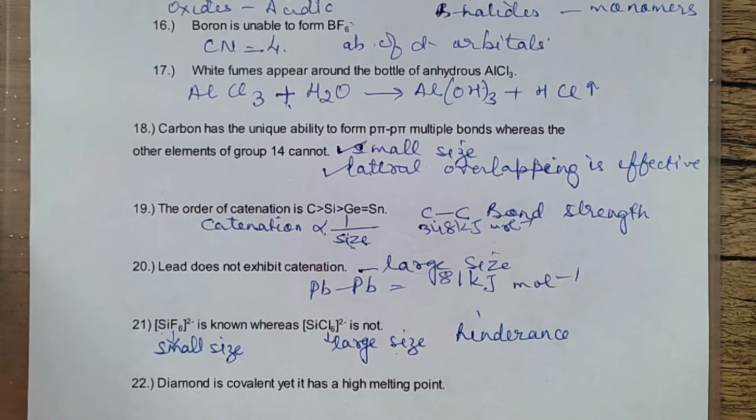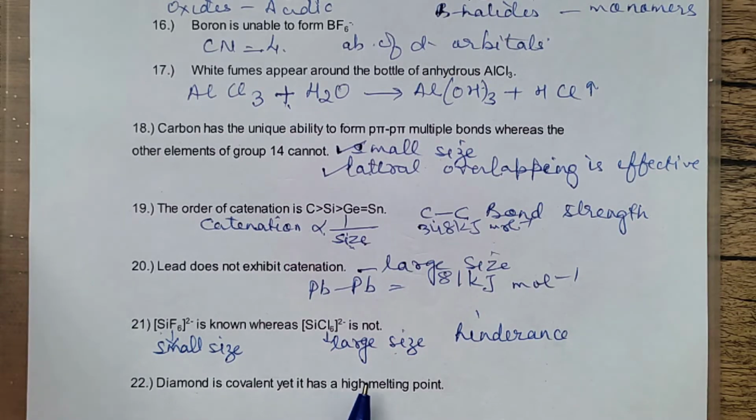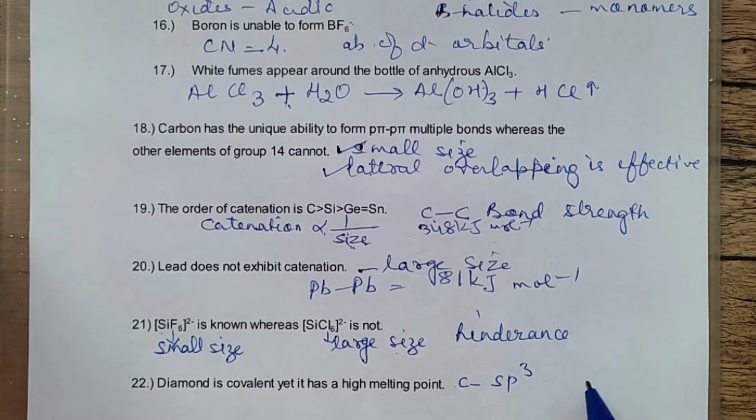Now, the next question says, diamond is covalent yet it is a high melting solid. In this you can talk about hybridization. The carbon atom in diamond is sp3 hybridized, which means each carbon atom is tetrahedrally surrounded by 4 carbon atoms.